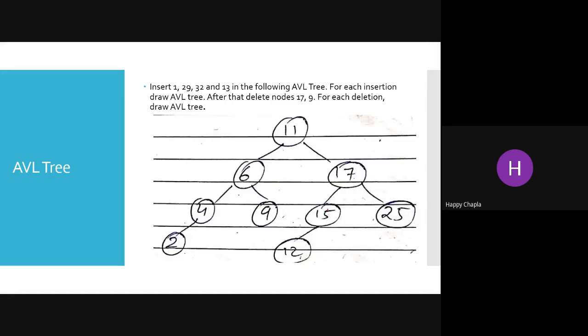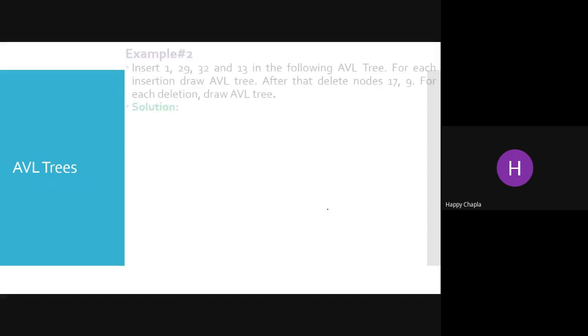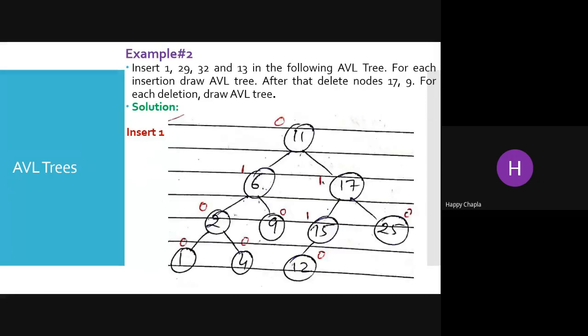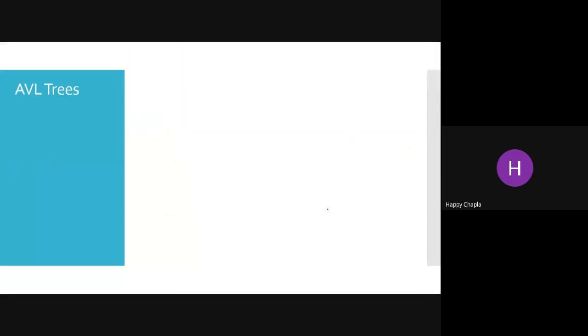Now, for each insertion, you have to draw the tree. Okay, and after this, you need to delete something from the available tree. So this example is already there in your PPT, so you can refer to it.